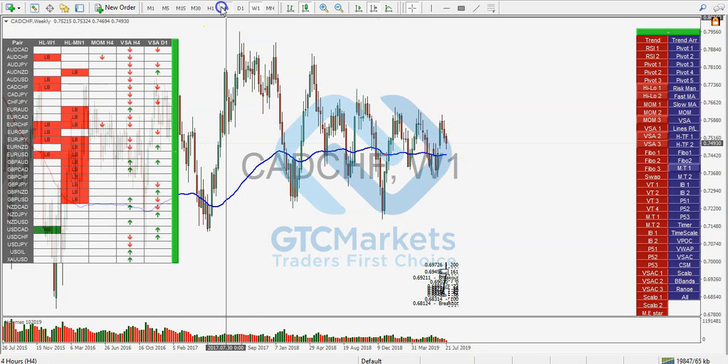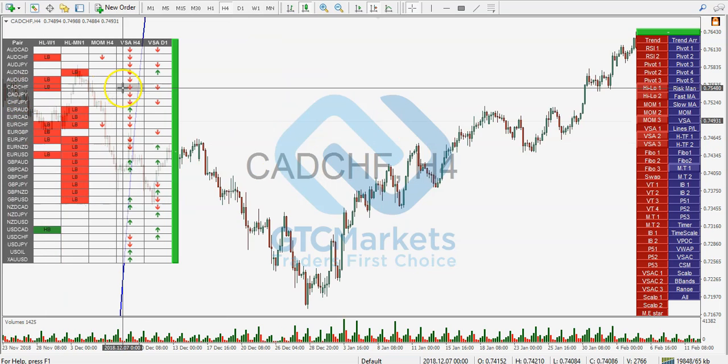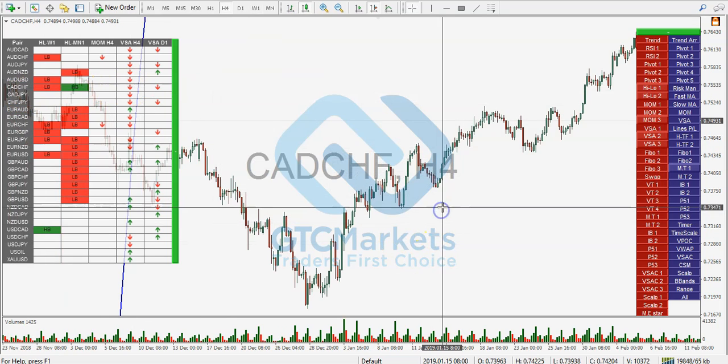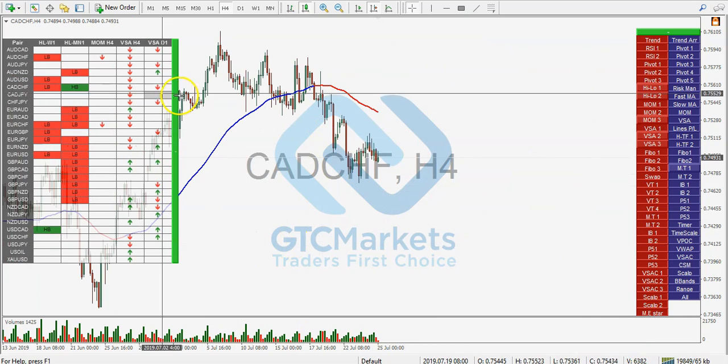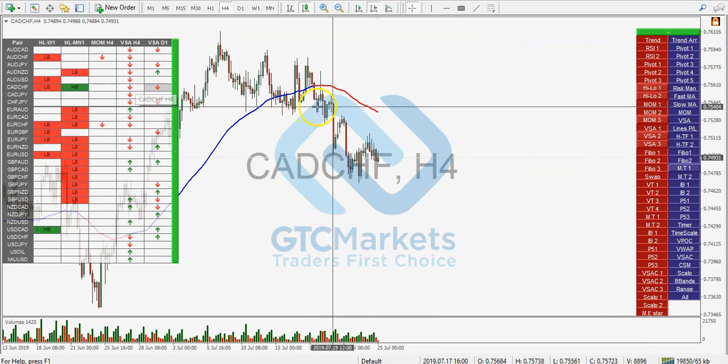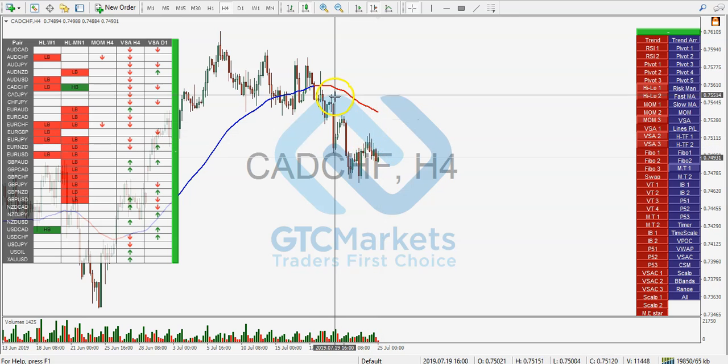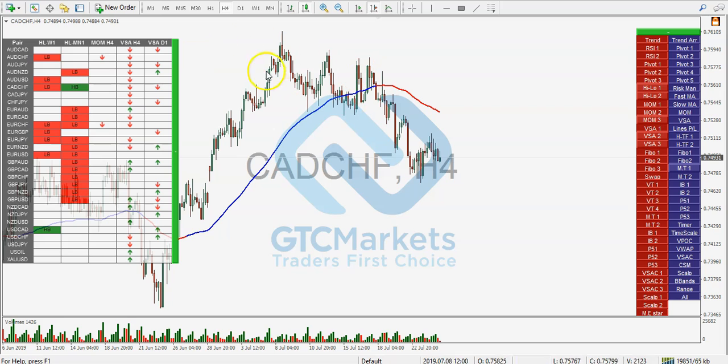And what happens now is in the CAD-SWISI we have a no demand area over here, and we are already below the 200 period moving average, and you can consider this area as a great supply zone, like this one.